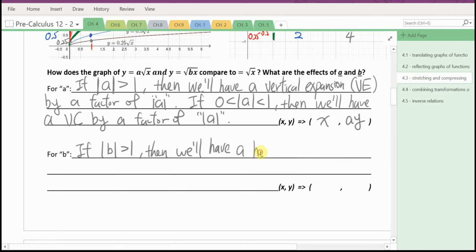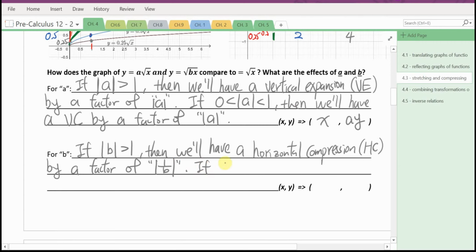We'll have a horizontal compression. And again, I will not write this again, so I'll just write HC by a factor of absolute value of 1 over b. Again, b could be negative, but that just means there's a reflection as well.